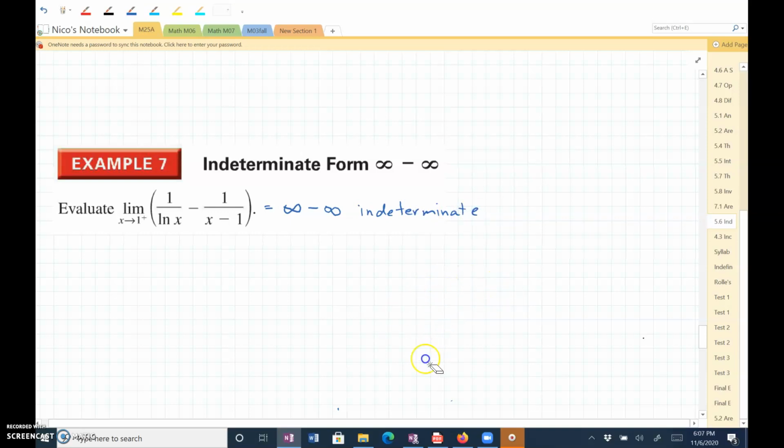Okay, so what we're going to do is take the limit as x approaches 1 from the right, and I'm going to make this 1 over the natural log of x times x minus 1, times x minus 1, minus 1 over x minus 1 times the natural log of x, times the natural log of x.